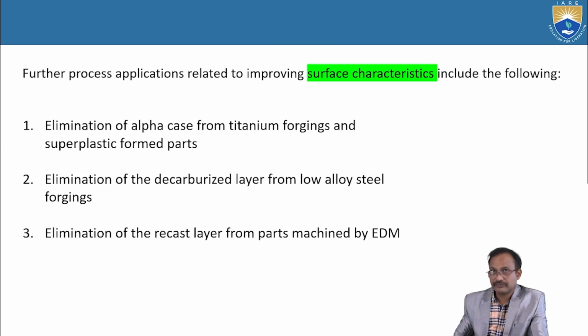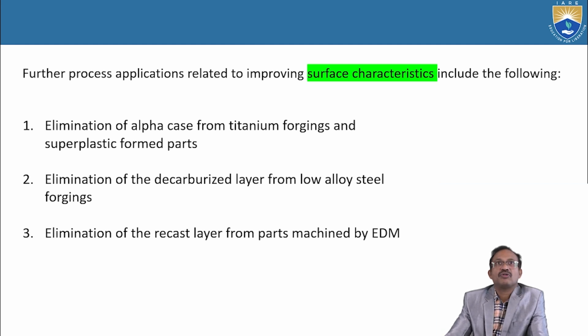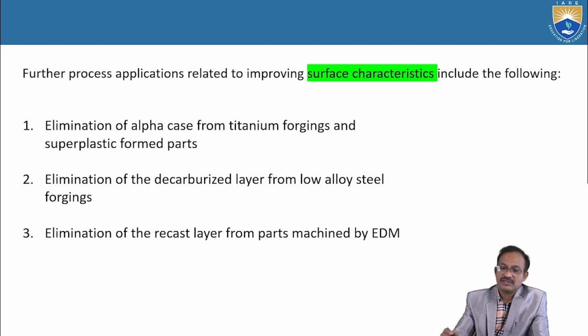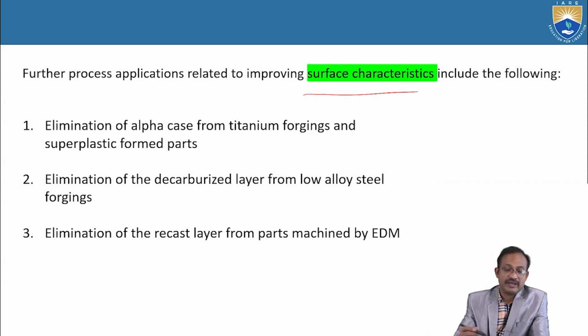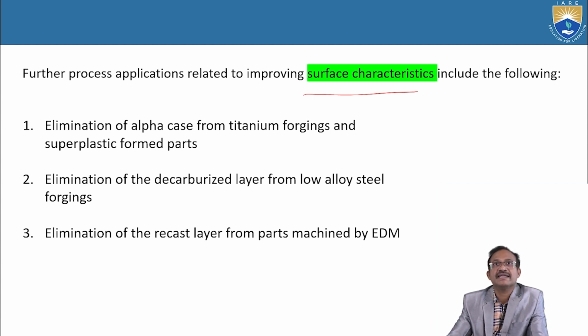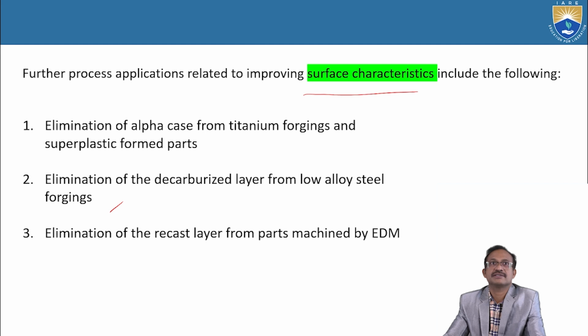Further process applications related to improving surface characteristics include the following: first, elimination of alpha case from titanium forgings and superplastic formed parts. Second, elimination of the decarburized layer from low alloy steel forgings.